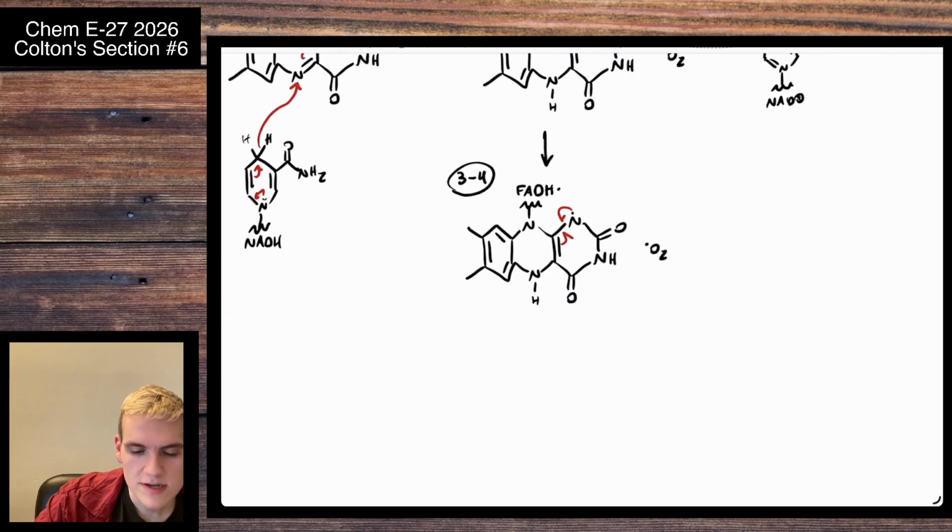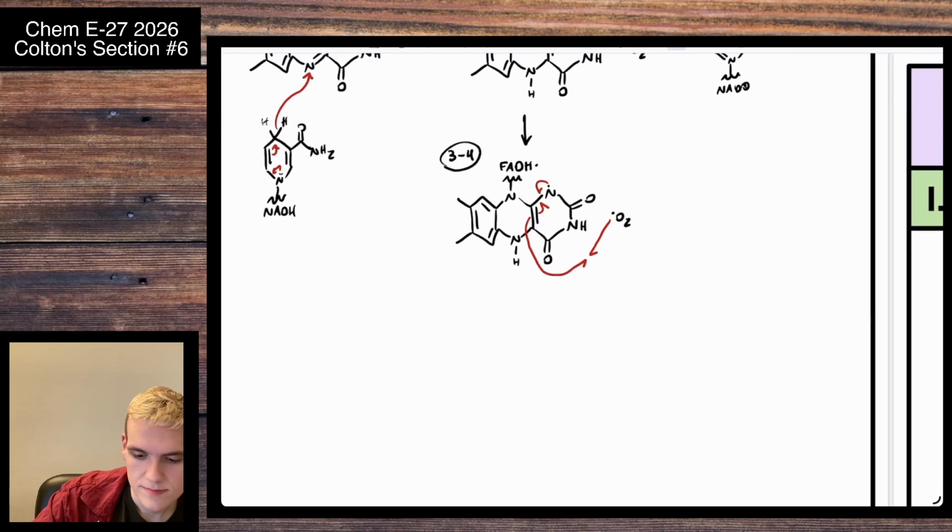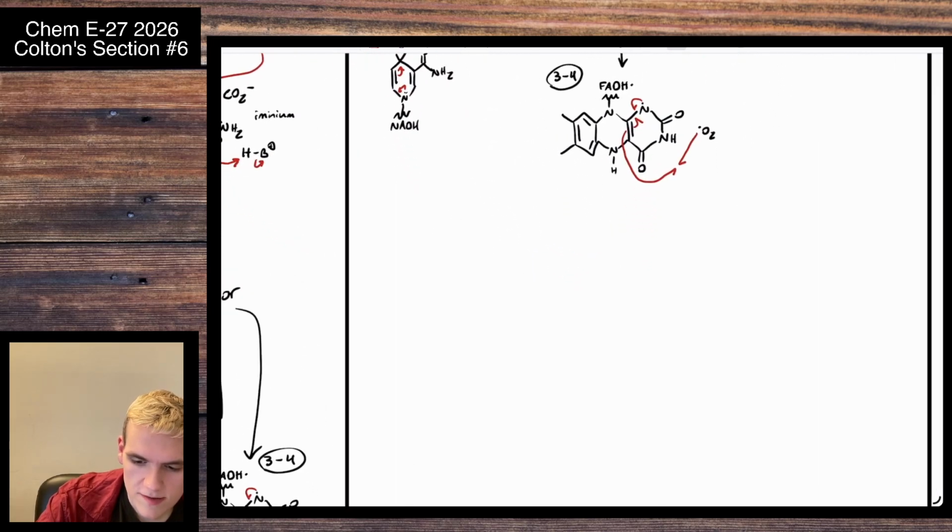And now I'm going to combine 3 and 4 because that is more compact. So we are going to push the radical up top down. And then with the other electron that was in this pi bond, we're going to have it come out and combine with our O2 radical. And we're going to do this with a proton transfer to make our peroxy FADH.